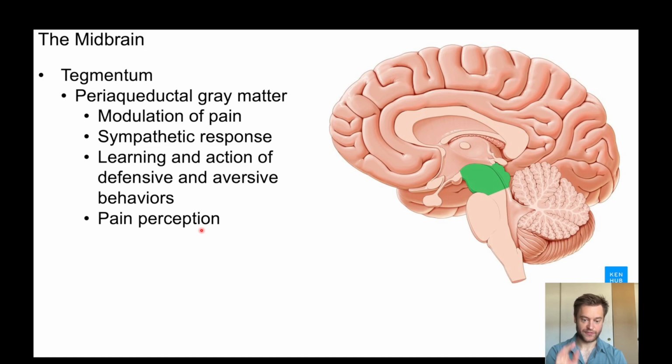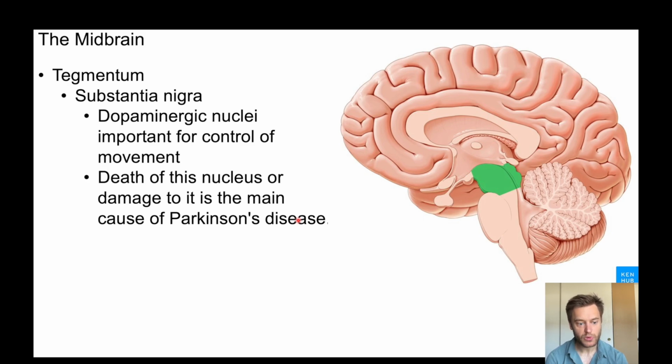And physical pain is a big contributor to psychiatric disease states as well. So people that are in chronic pain are much more likely to develop anxiety or depression. So this is actually even an area of the brain that might have some therapeutic potential for behavioral disease states.